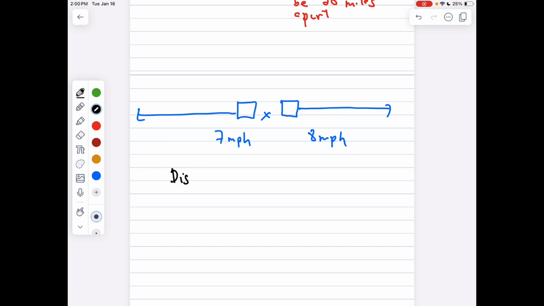So the distance of person number one, the person that's going 7 miles per hour, plus the distance of person number two. Those two distances have to add up to 20, because we want to know when the distance apart from each other is 20 miles.